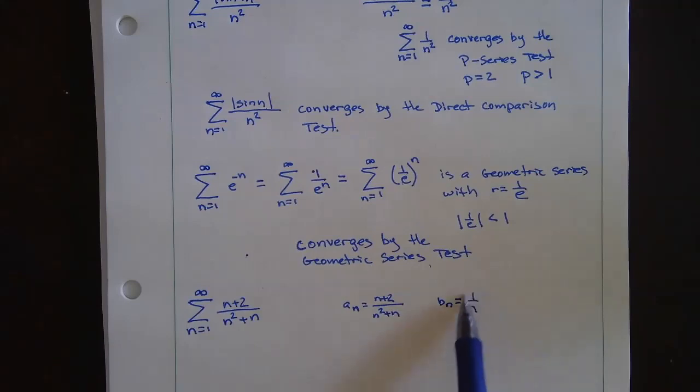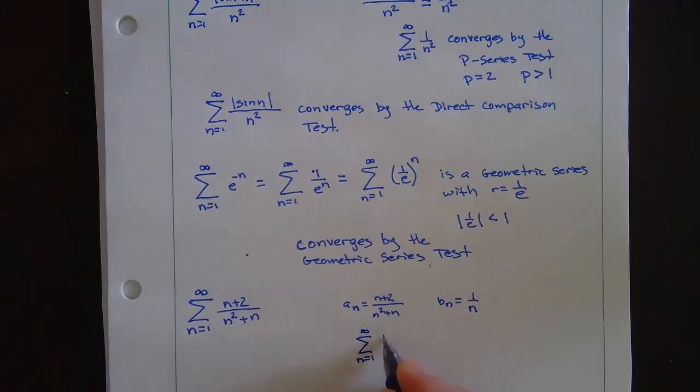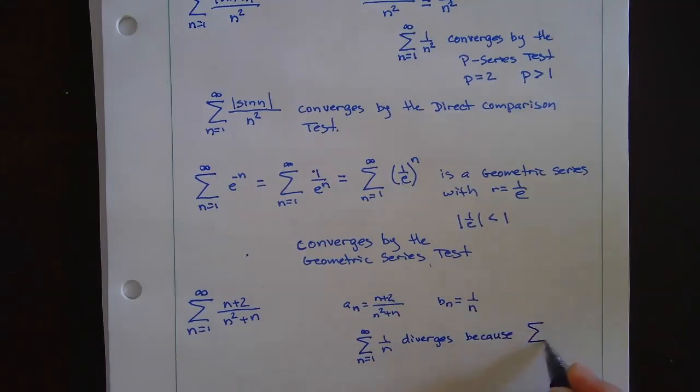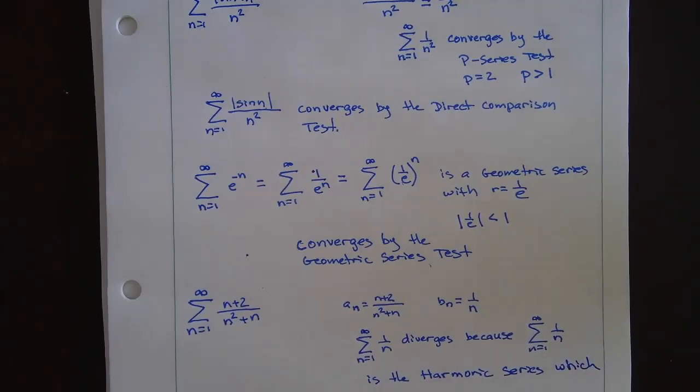Now, we know that the sum from n equals 1 to infinity of 1 over n diverges, because it is the harmonic series, which diverges.